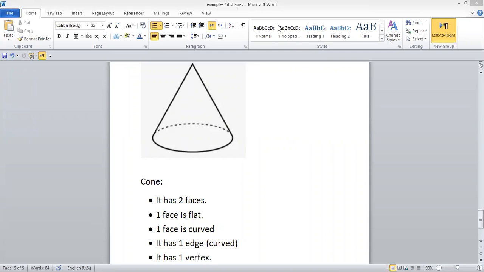Saud, no. Suleiman Saleh, no. Ali's iPad, no. Yes, Rafiq, sir, edge, it's the same, curved. Rafiq, edge, what I told you about the edge is the line through which one face meets another face.